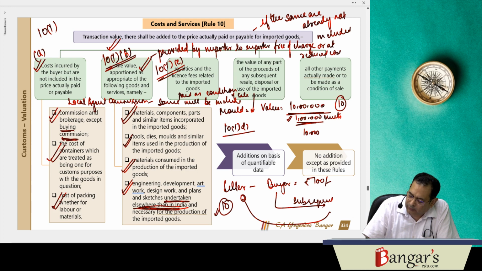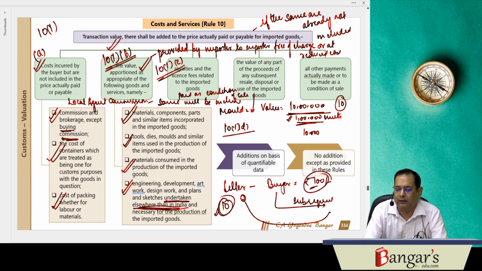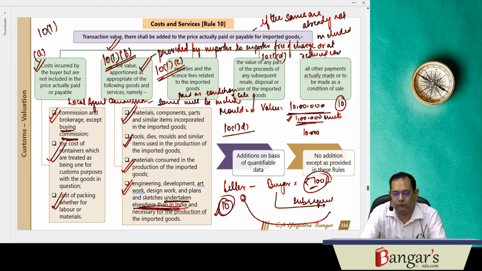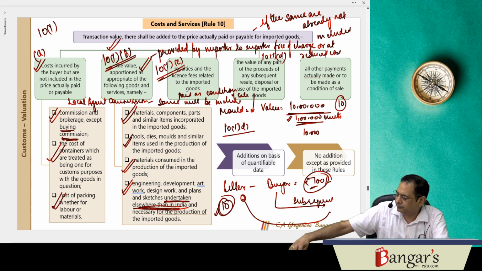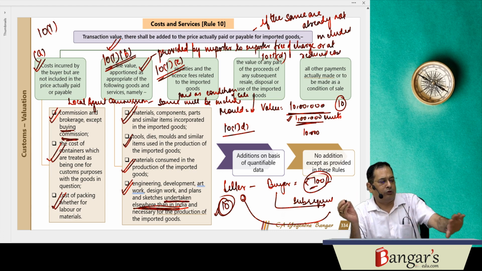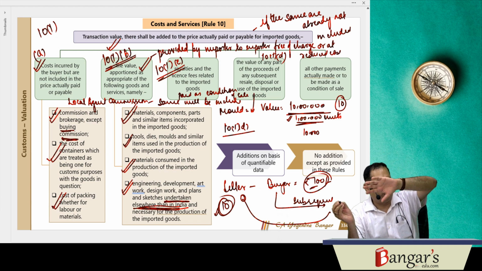So the actual payment made to the seller is 100 plus 10, 110. So if quantification is possible, that will be added. And in case quantification is not possible, then in that circumstance, this rule 3 will not be applicable. We have to switch to rule 4.